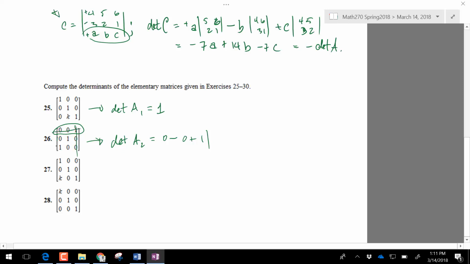So the one submatrix we have here is 0, 1, 1, 0. And that's going to give us a 0 minus 1. So it'll be -1. Okay, so the row swap gave a -1.